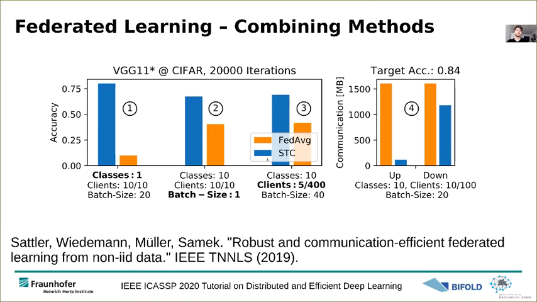So here you can see our method in a very heterogeneous setup where all of the clients only see one category of a data set, and in this setting we completely outperform the federated averaging algorithm within a fixed communication budget.